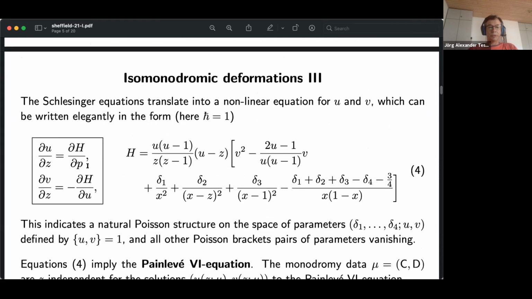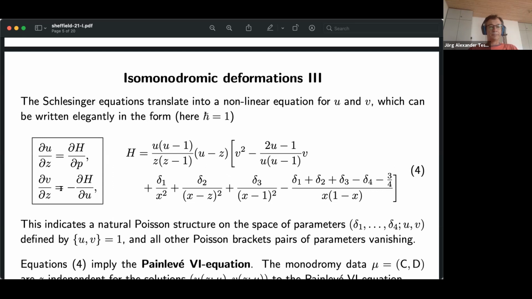And what has been found basically by the classics already, and there was important work of Okamoto not so long ago, is that these partial differential equations, which are basically just a restatement of the Schlesinger equations in these variables, take a nice form, which is a Hamiltonian form, namely the derivative of u with respect to z is the derivative of this function h with respect to p.